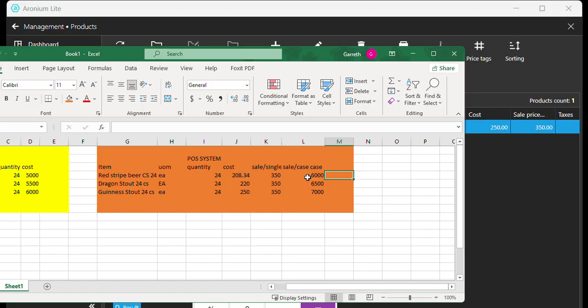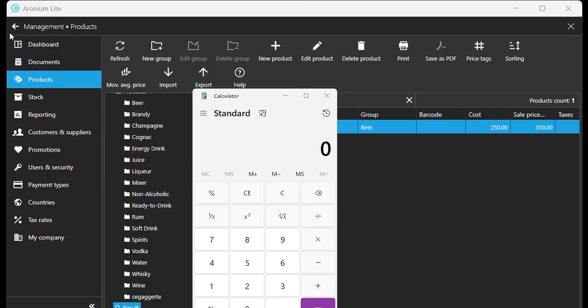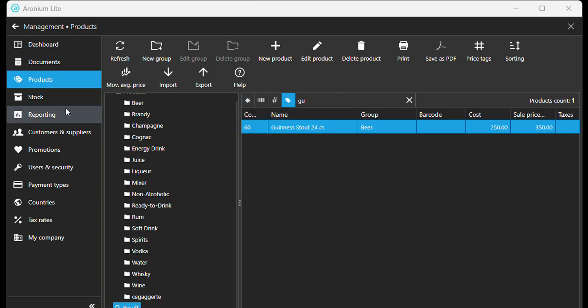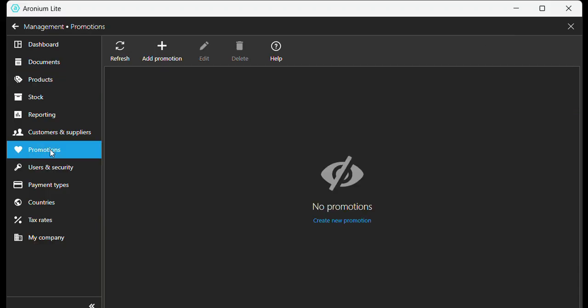So we can do the calculation so the system recognizes it. Alright? So in order to do that, we have to create some promotion.